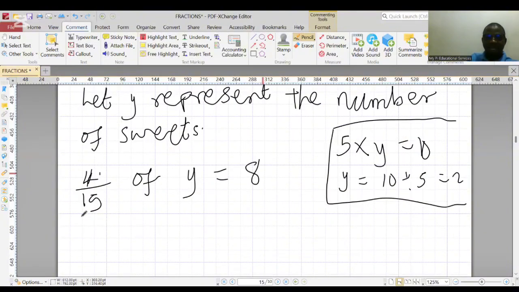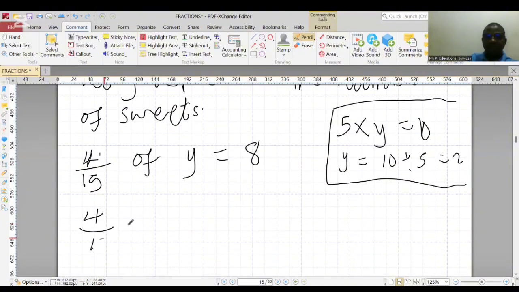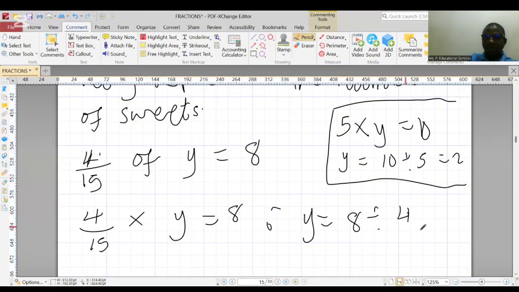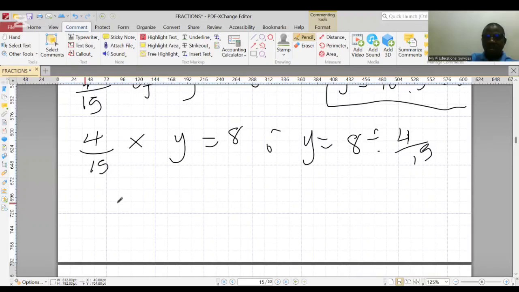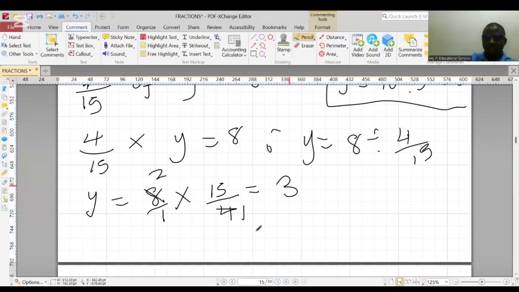We can apply the same thing here. 4 out of 15 times y equals 8, so y becomes 8 divided by the fraction 4 out of 15, and the value of y becomes 8 out of 1 times 15 out of 4. So 4 goes into 4 once, and 4 goes into 8 twice, and we have 2 times 15, that will be 30. So there are 30 sweets in the packet.